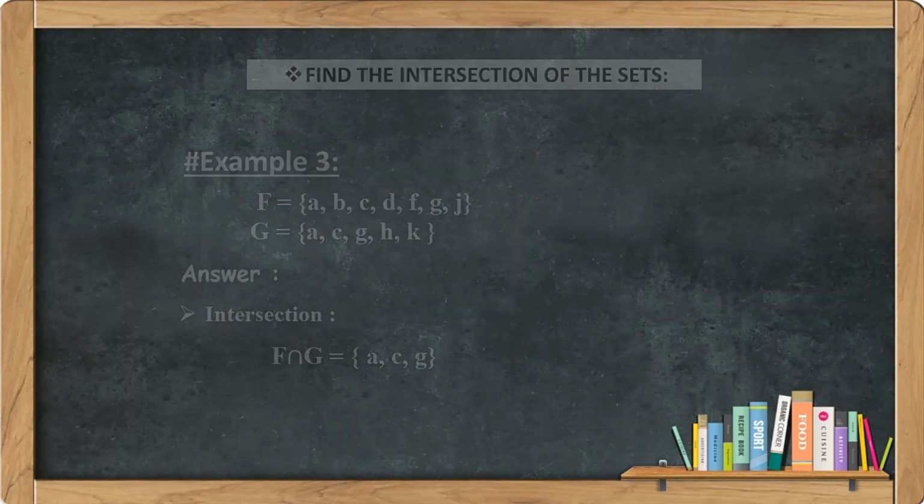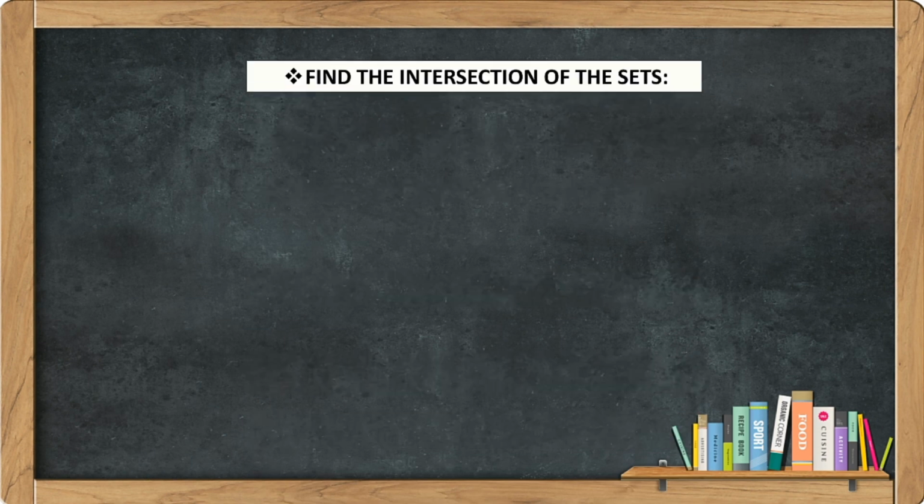Next, as you can see, finding the intersection is pretty straightforward, but what about this particular example? Example 4.